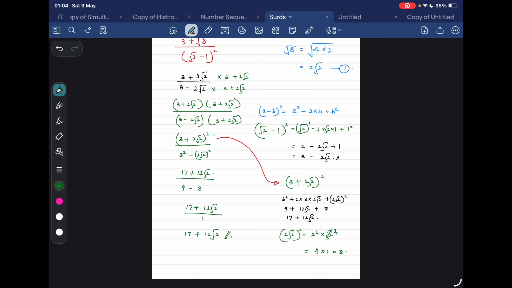Okay, so the most important things we learned today from this question: how to simplify surds, and keep in mind this, how to expand brackets with surds, second step, how to use the conjugate, and how to rationalize the denominator.